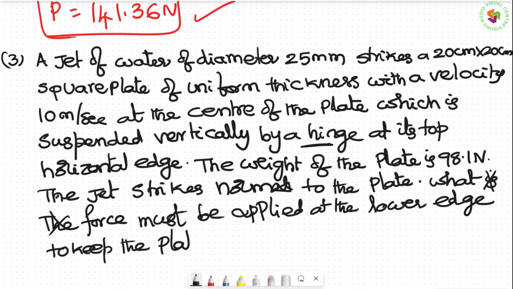Till this, we have solved already just in the previous case. Until now, we have solved already in the previous problem.